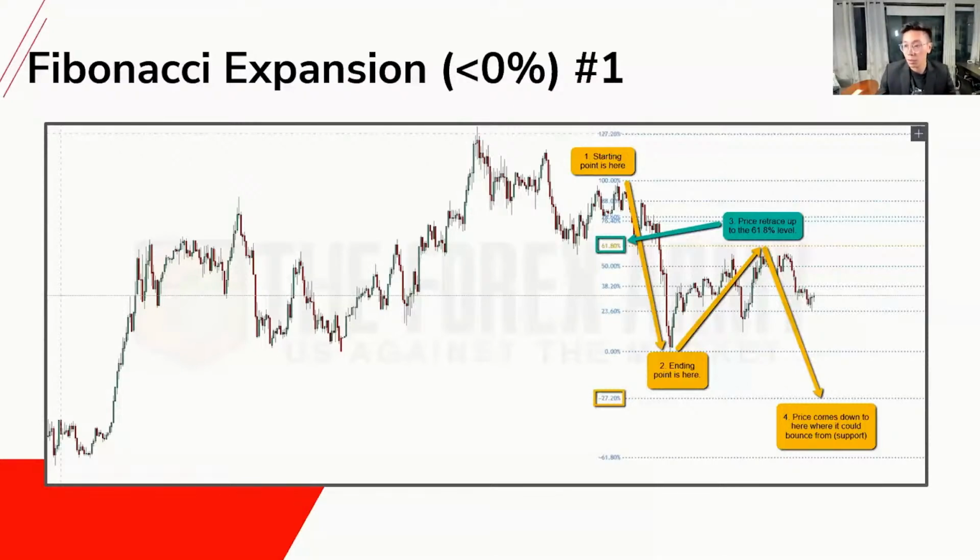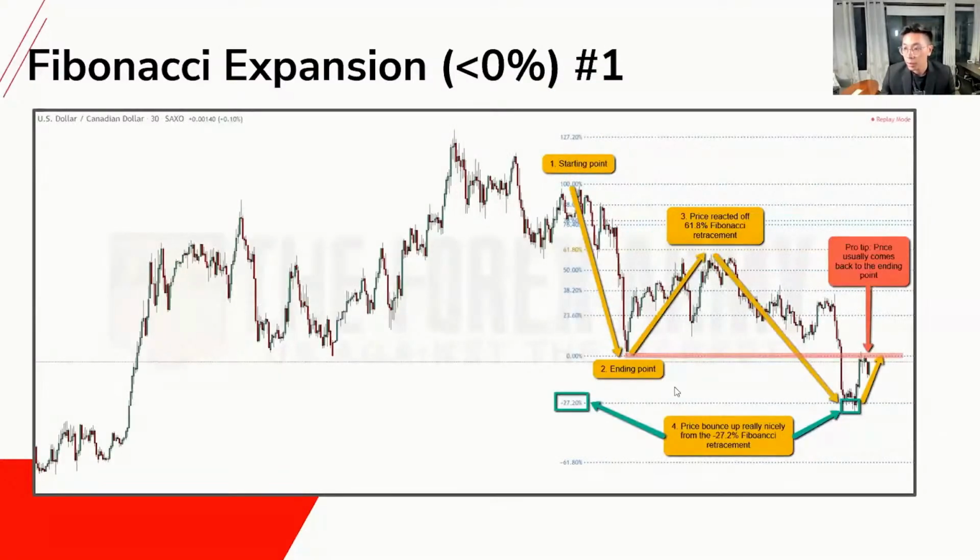Price retraced all the way to the 61.8% Fib level. And then what we're looking at is that price could come down to this negative 27.2 expansion level. Let's just see how it plays out. You can see right here, the price came down to this negative 27.2 expansion level and then bounced up really nicely from this area.